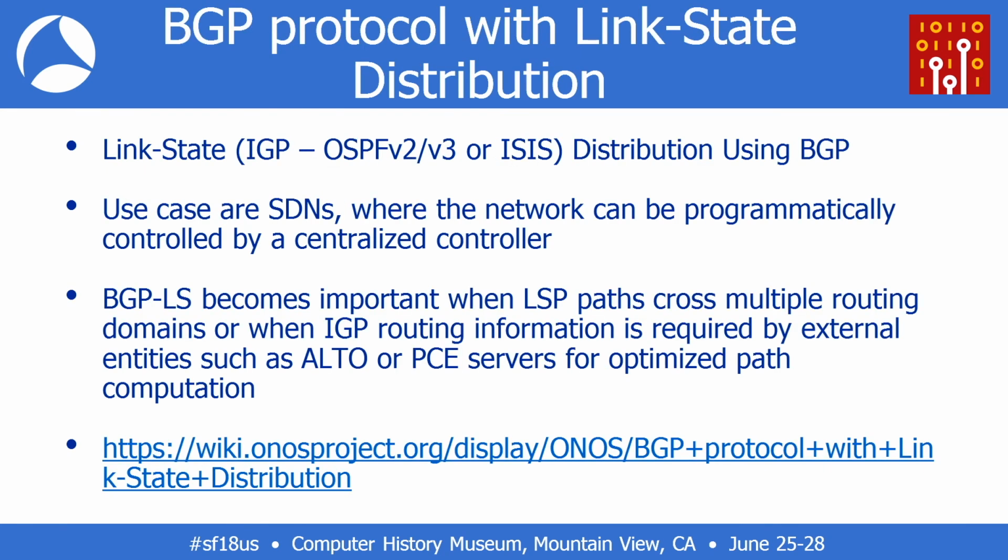Okay, coming back to BGP. So BGP also interacts with the IGP, with OSPF version 2 and OSPF version 3. And this is a pitfall of OSPF, by the way. OSPF version 2 has no type length value. For IPv6, you need OSPF version 3.